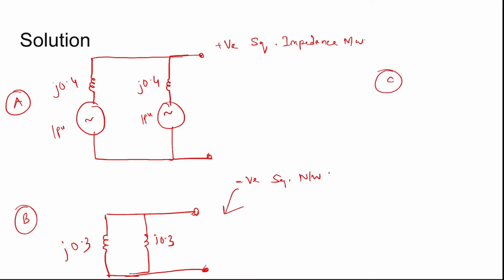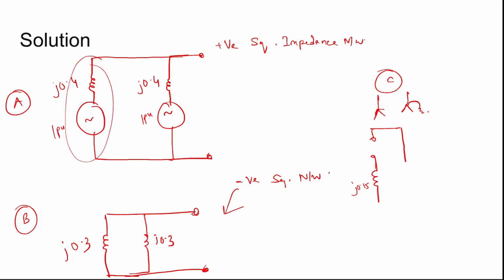And the zero sequence impedance network, it is star grounded. For the first generator the zero sequence impedance is given to be j0.15, and since the neutral is not grounded, the zero sequence current cannot flow, so we can keep this open.